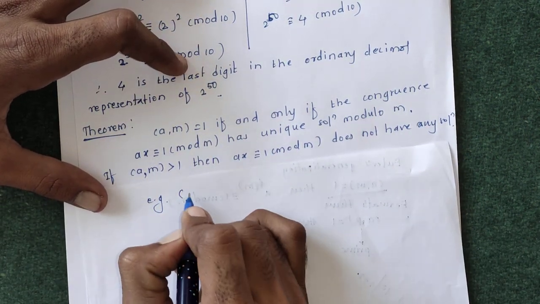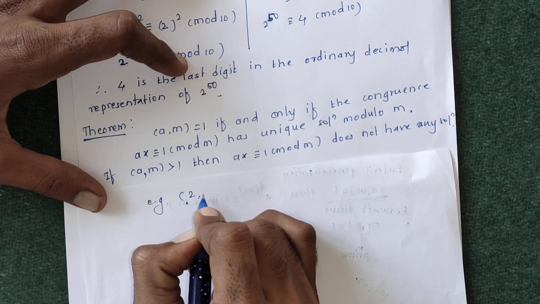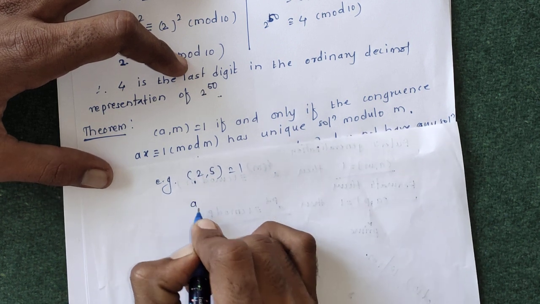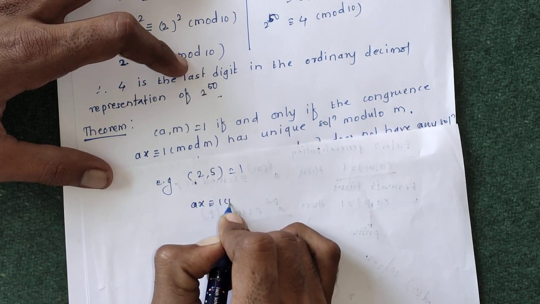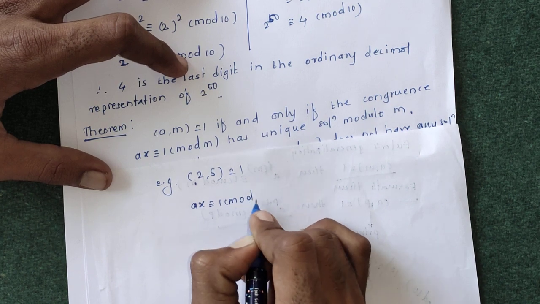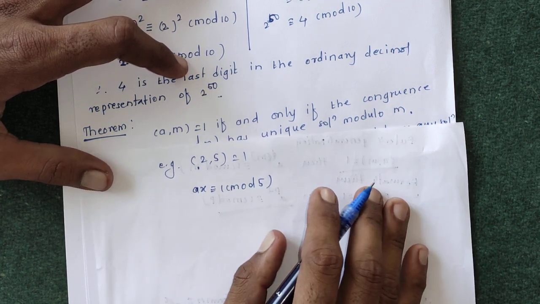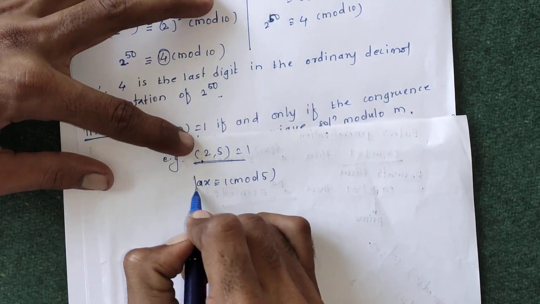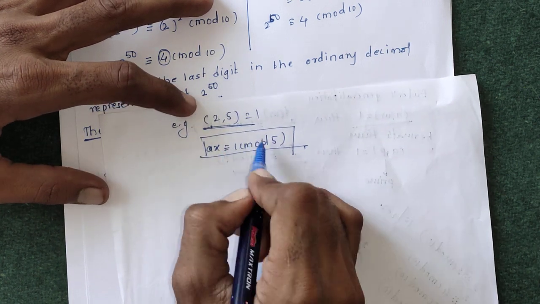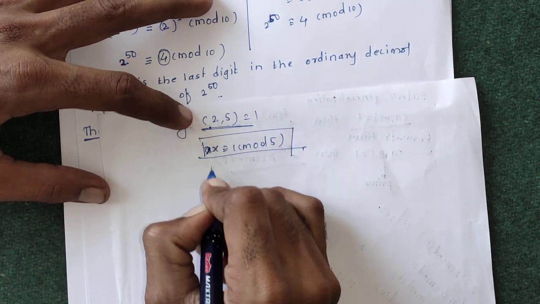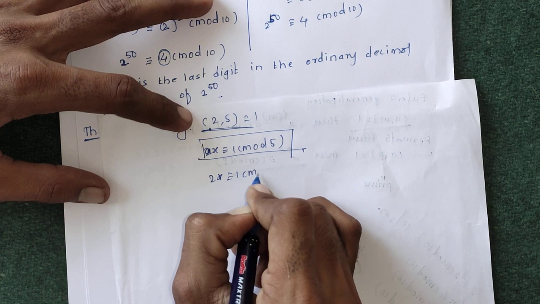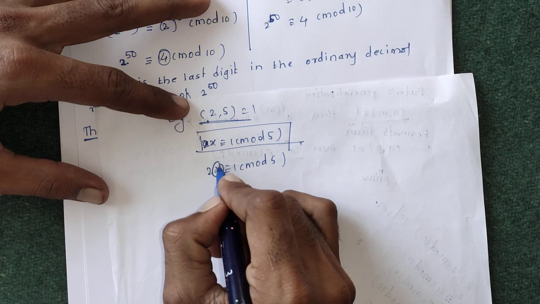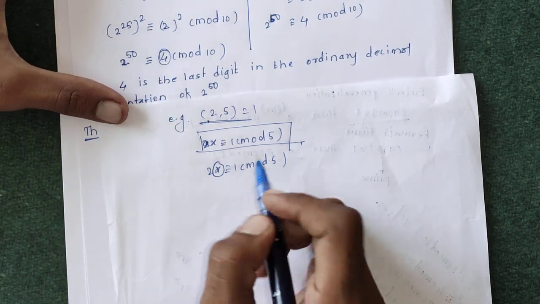Suppose the GCD of 2 with 5 is equal to 1, then this congruence ax is congruent to 1 mod m, where the value of m is 5, has a unique solution. Here the value of a is 2, so 2x is congruent to 1 modulo 5 has a solution means there are some integers x which satisfy this congruence.